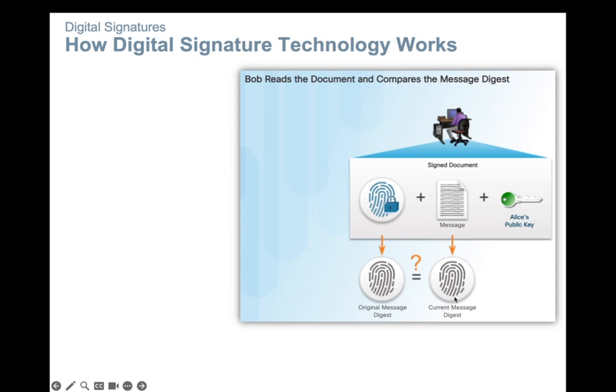Bob compares the message digest received from Alice with the one he generated. If they match, Bob knows that he can trust that no one tampered with the message.